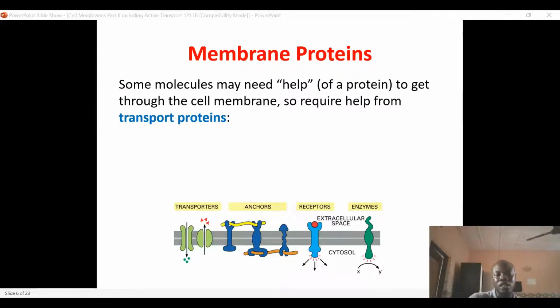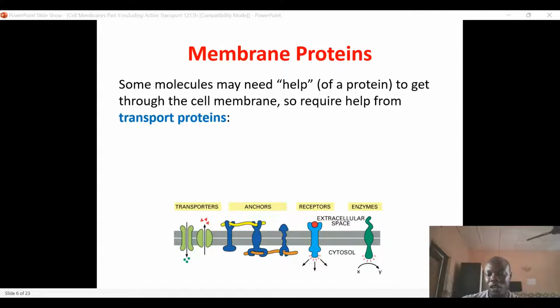For example, this is the cell membrane. If you look at this structure very well, you will see that on the extracellular space there are transporters, anchors, receptors, and enzymes. And these are proteins.